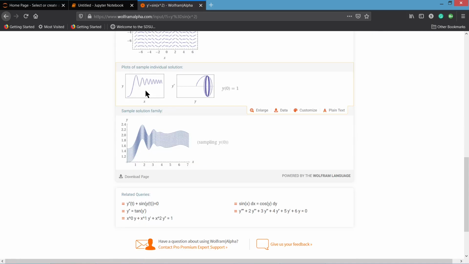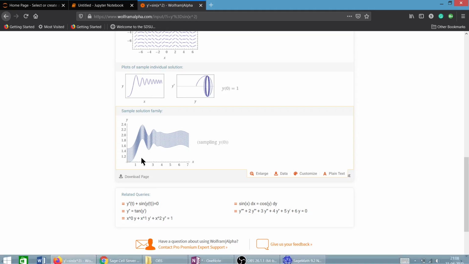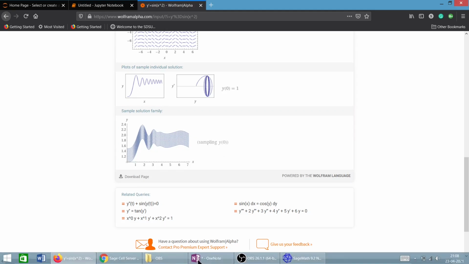We can see from here that the solution for positive x and y values is continuous throughout the interval. Also here you can see that for various initial value conditions the various graphs have been plotted and the output is continuous.